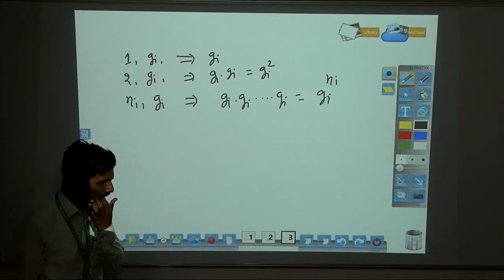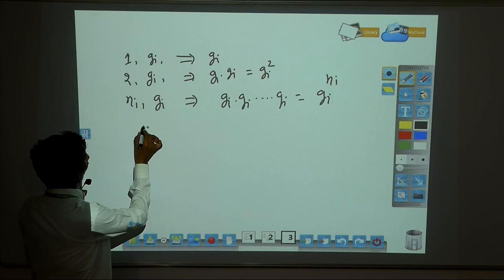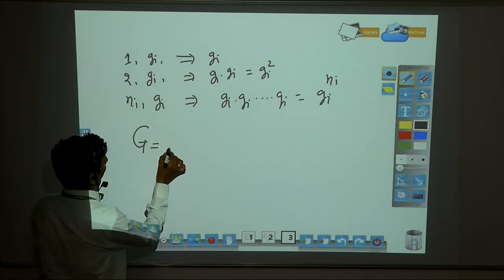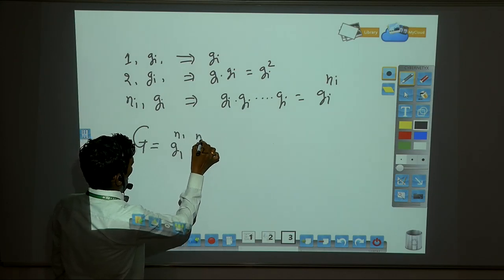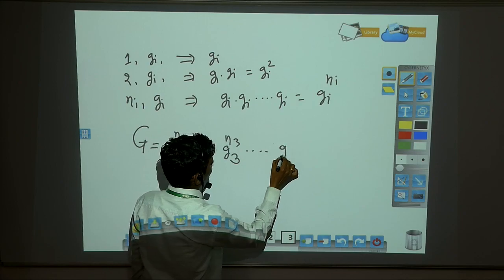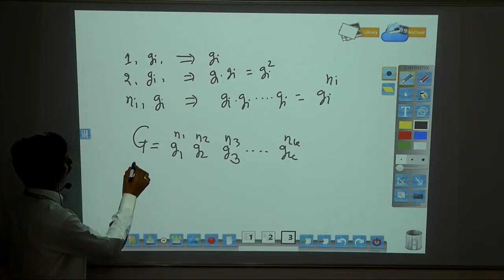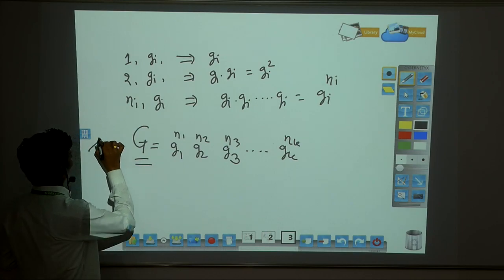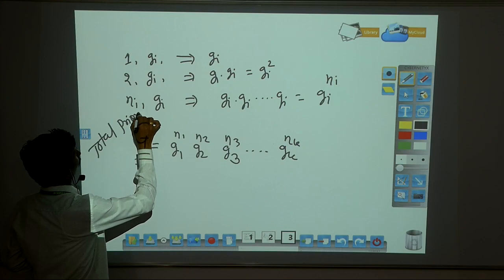For all the cells, the total probability is g1 raised to n1, g2 raised to n2, g3 raised to n3, and gk raised to nk. This is the total prior probability. Remember that.